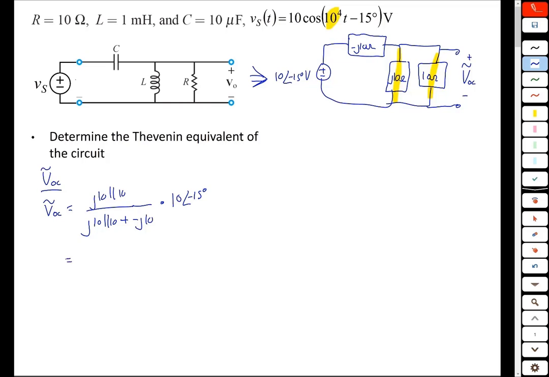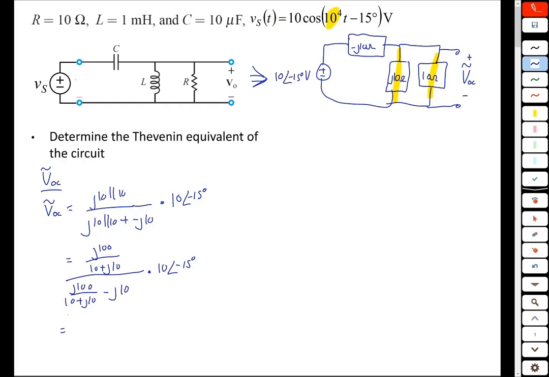Combining two impedances in parallel is the product over the sum, so we get j100 over 10 plus j10, all of that over the same thing, j100 over 10 plus j10, minus j10, times 10 at an angle of minus 15 degrees.